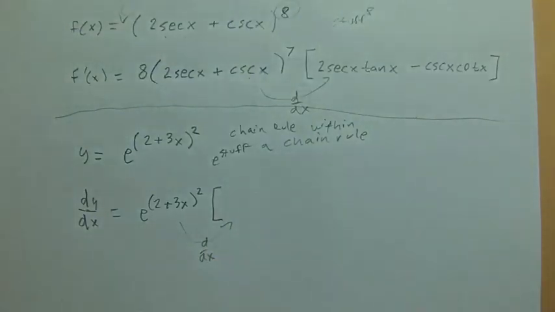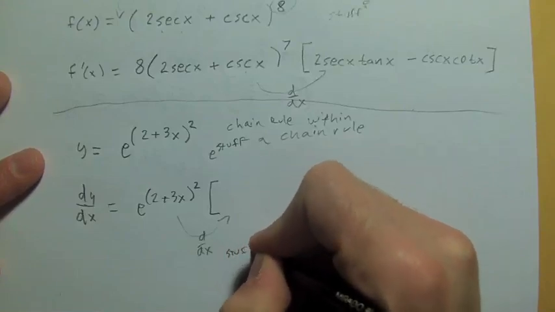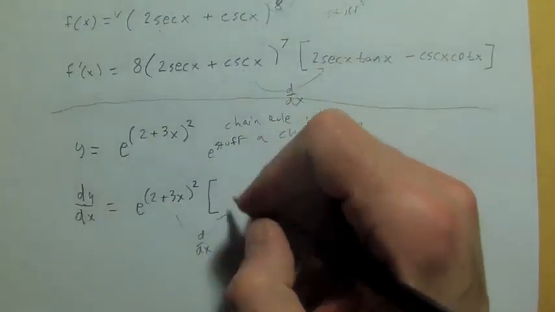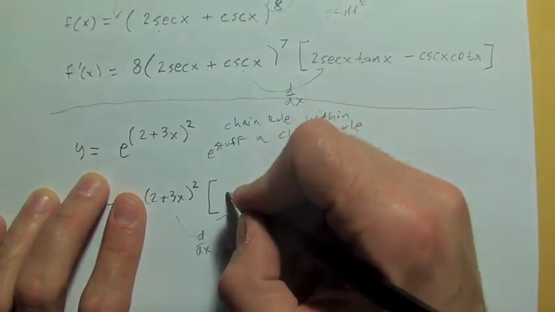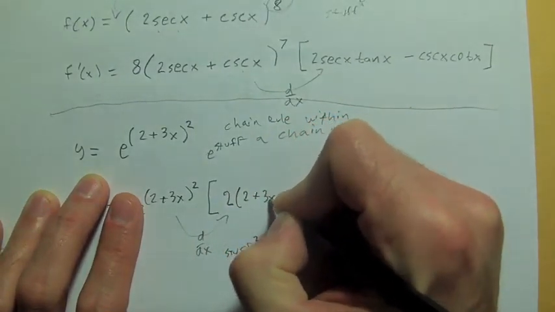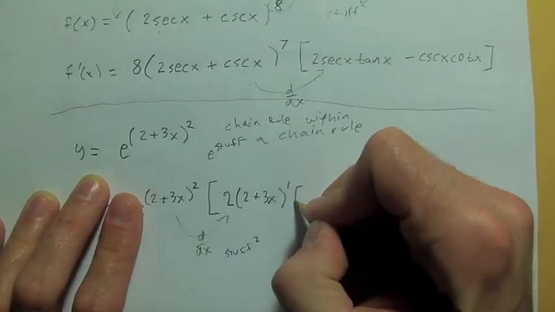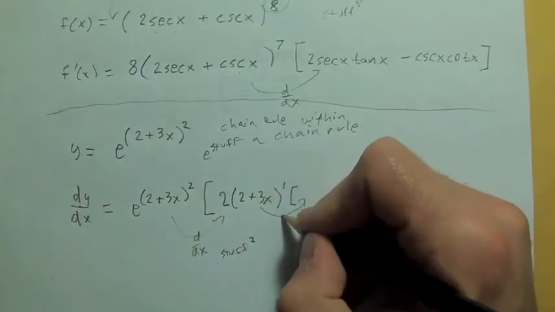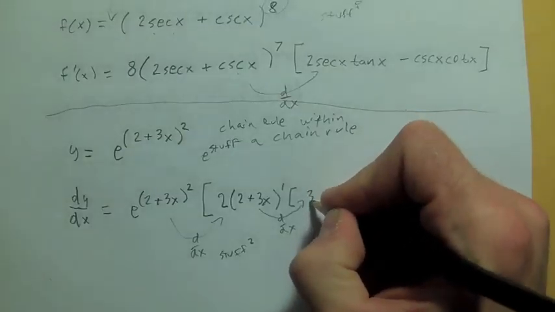And when we go to take the derivative of the inside, this is going to be stuff squared. That's the case that we'll be dealing with. So now I'm looking at the derivative of 2 plus 3x all squared. So it will be 2 times the stuff left alone raised to the 1 and times the derivative of the inside. So now it's the derivative of that next inside piece, and that is going to be 3.